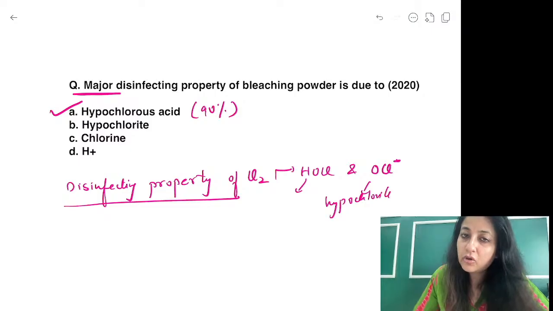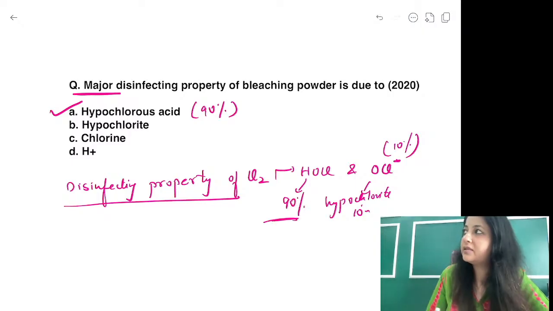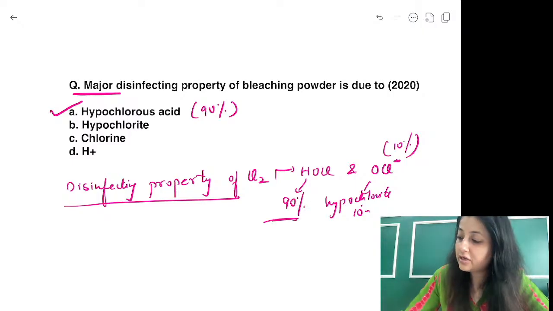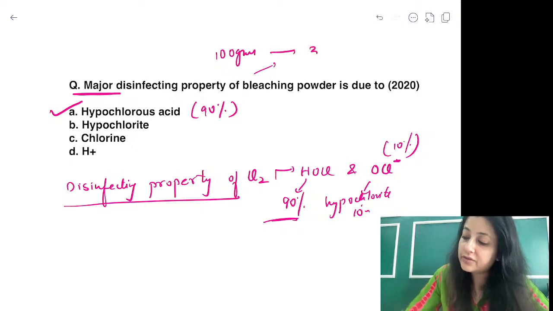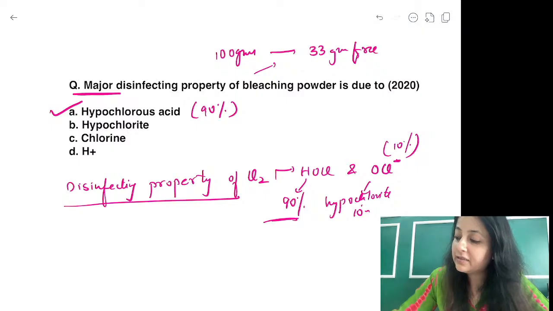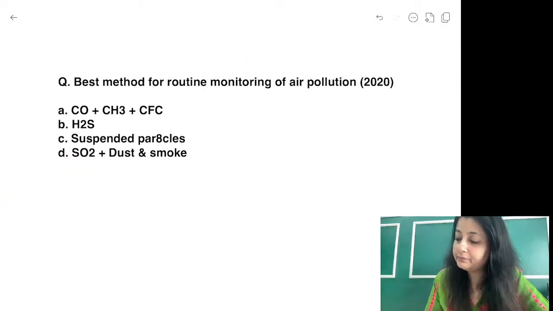The hypochlorite ion is almost 10% responsible, and hypochlorous acid is 90% responsible. And bleaching powder, you all know, 100 grams of bleaching powder gives you 33 grams of free chlorine. Alright. Let's go to the next question, everybody.